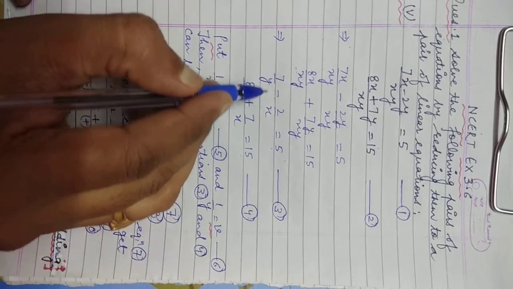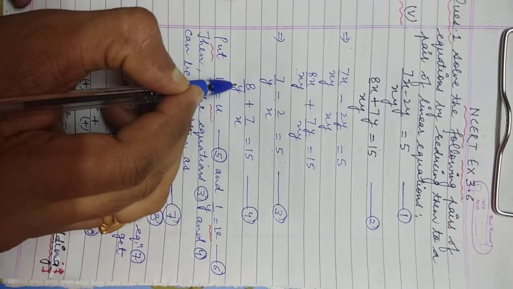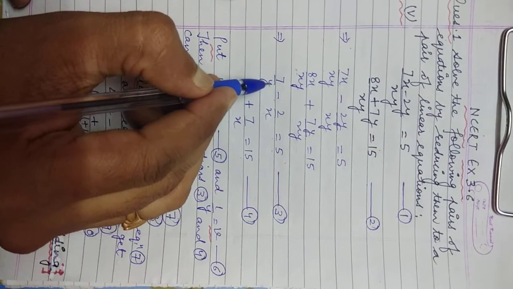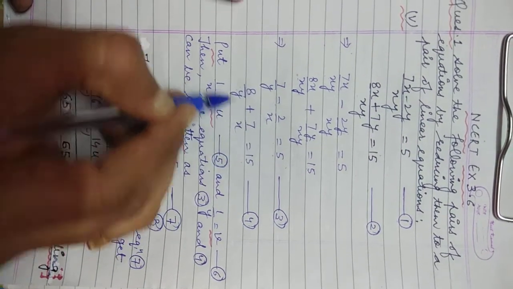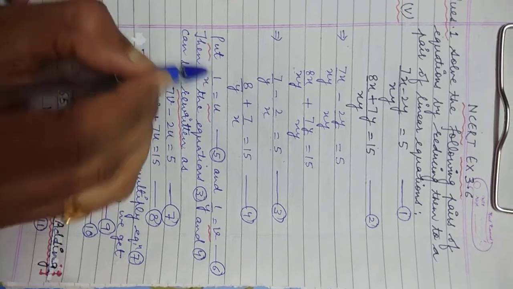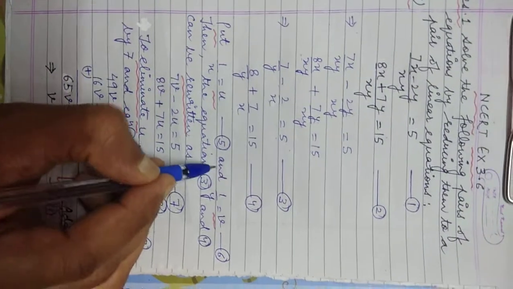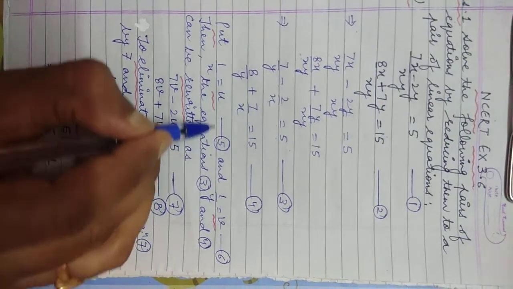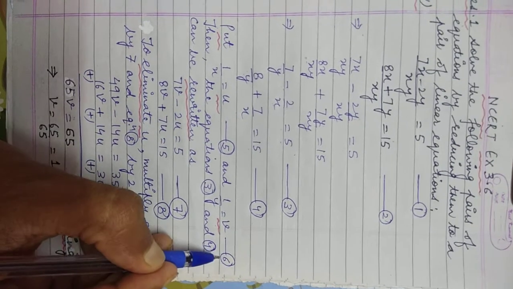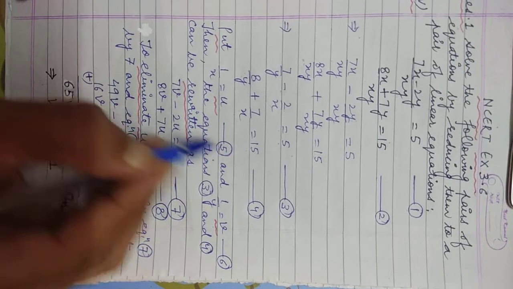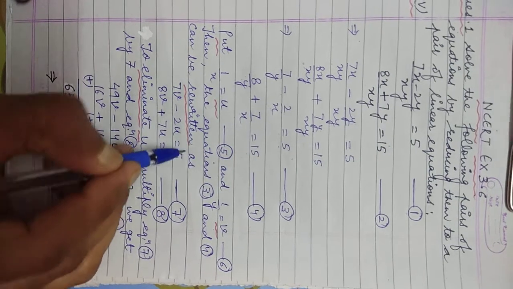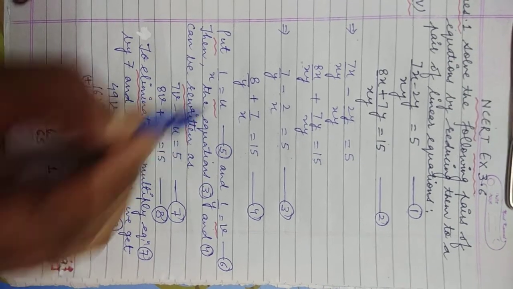Now see, in these equations 3 and 4 we have our variables as 1 upon y and 1 upon x, you can see. So again put 1 upon x equal to u and 1 upon y equal to v, and let these be equations 5 and 6. Now the equations 3 and 4 can be rewritten as this.